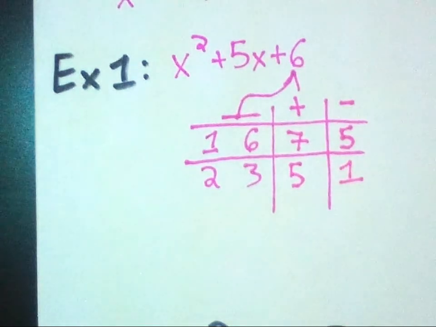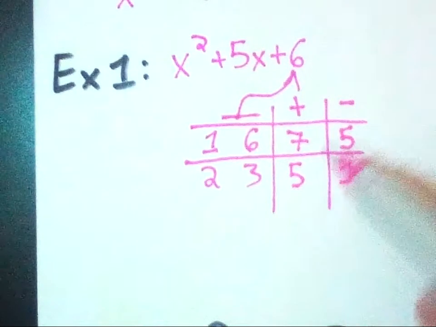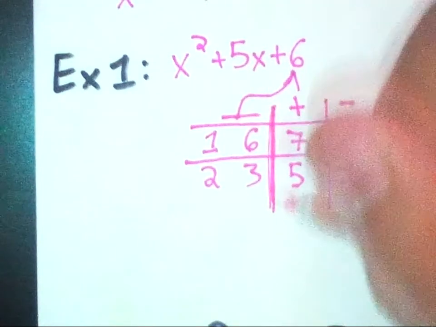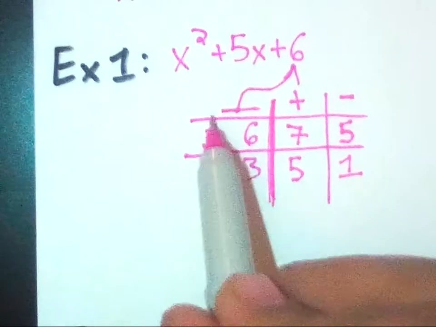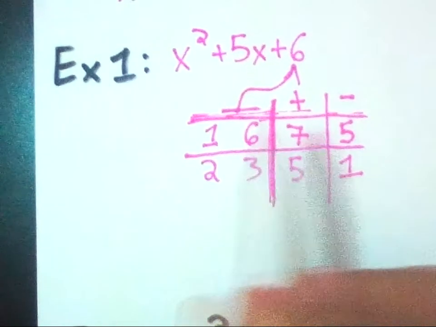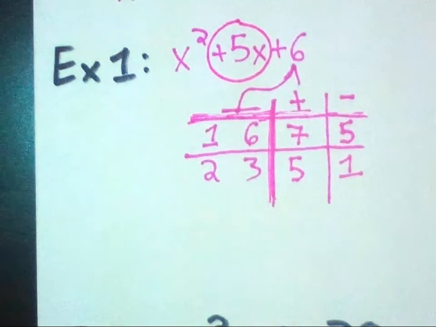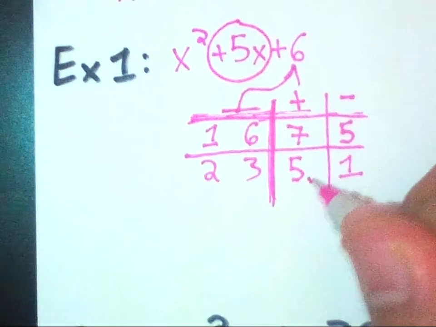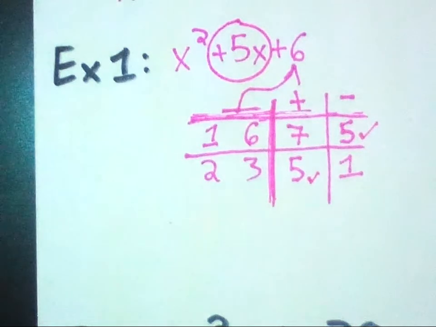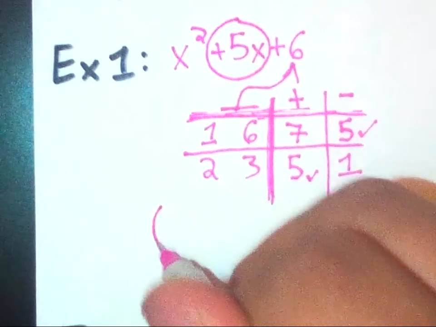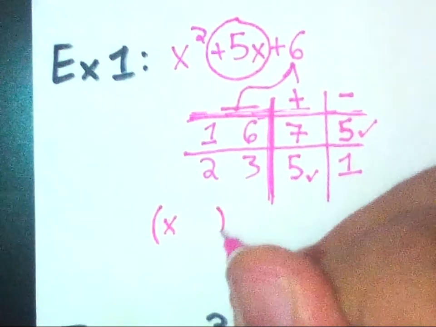What we're looking for in our table, when we added or subtracted the numbers together, is the middle number to appear. We're looking specifically for the 5. And it actually showed up twice. It showed up in 6 minus 1, and it showed up in 2 plus 3. So what you're going to do is you're going to basically start to make your binomials.